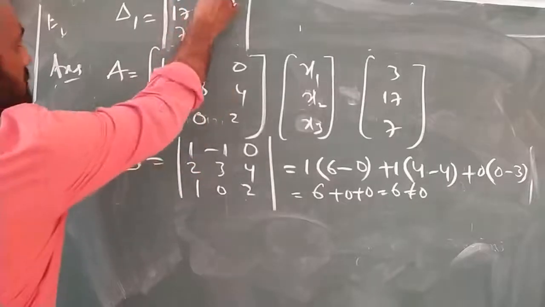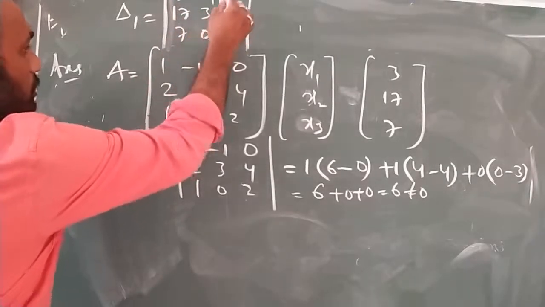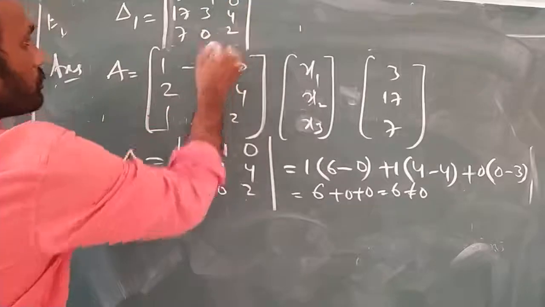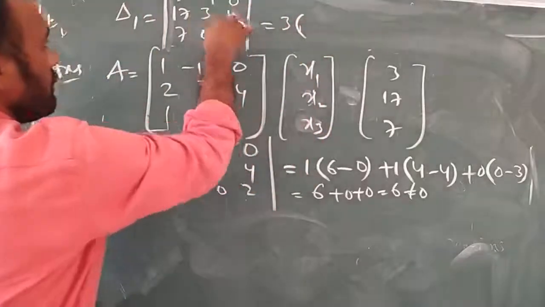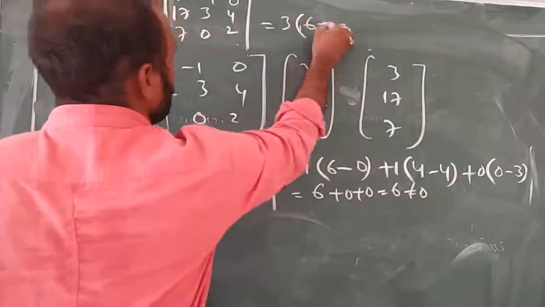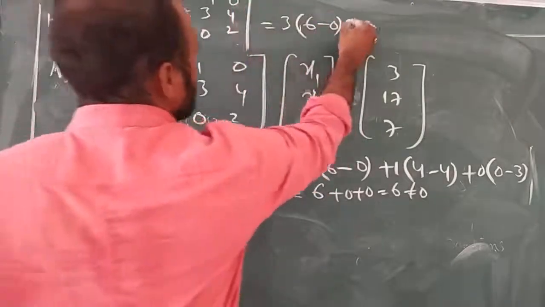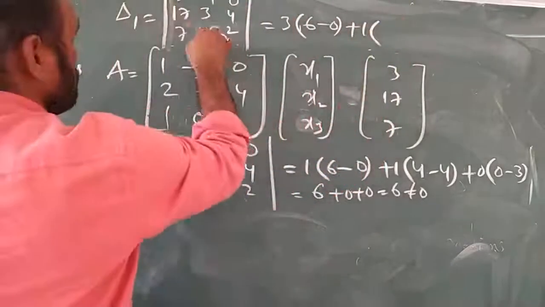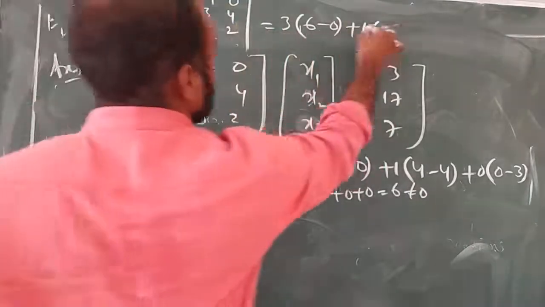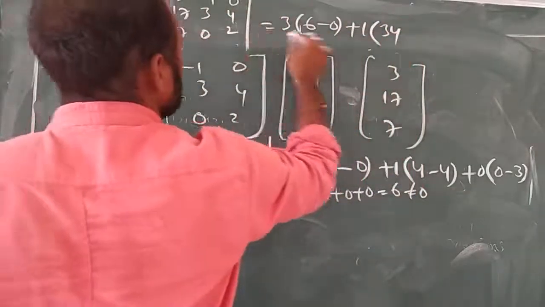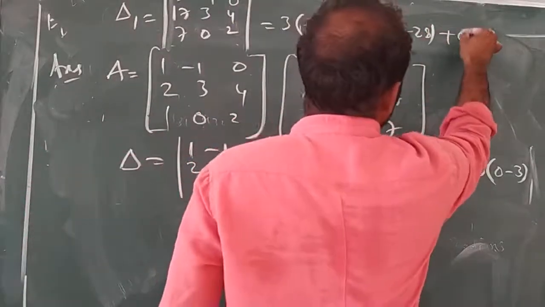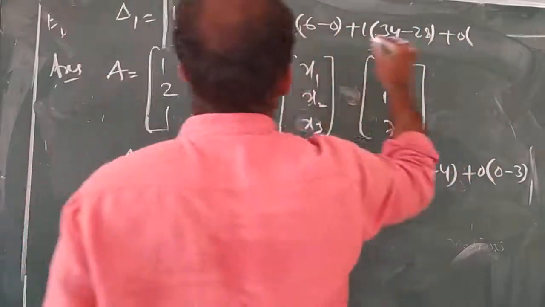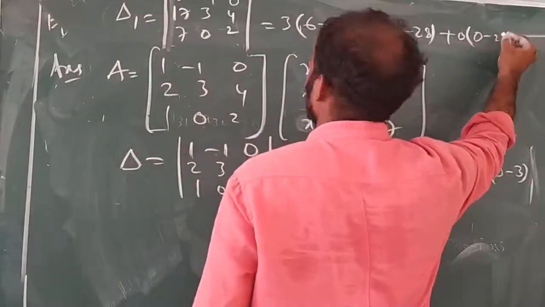The remaining columns stay as such: minus 1, 3, 0 and 0, 4, 2. What will be the determinant of this? 3 into (3 times 2 is 6, minus 0 into 4 is 0), plus 1 into (17 times 2 is 34, minus 7 times 4 is 28), plus 0 into something will be 0. So 0, minus 21.